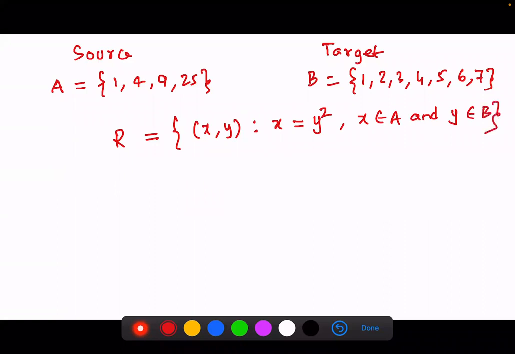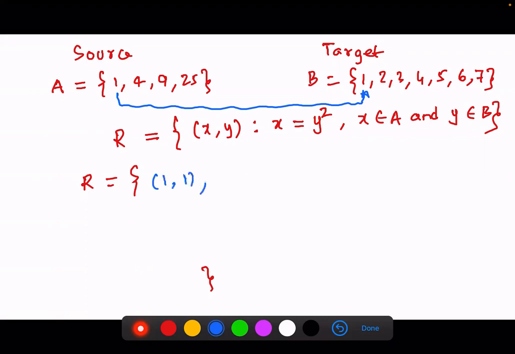Now if I list down the elements of my relation, what do I get? If I take x as 1, then 1 can easily be connected with 1, so 1 square, right? So you have 1 comma 1.